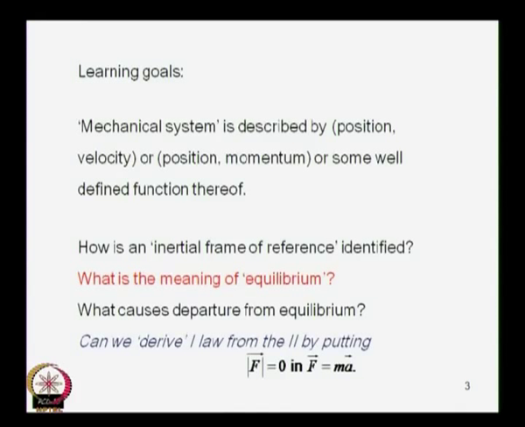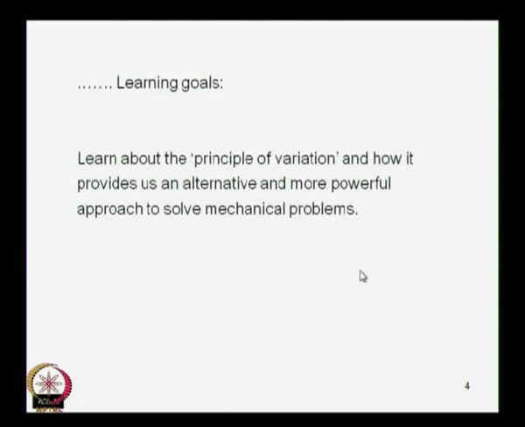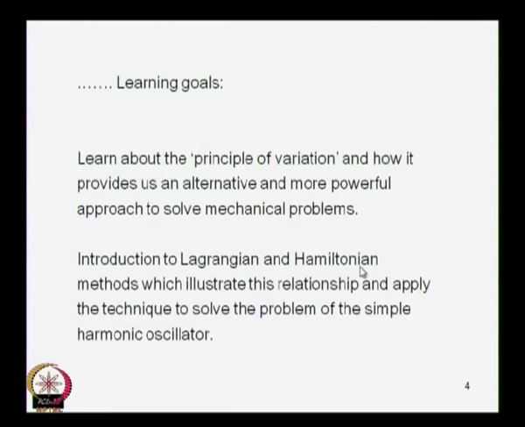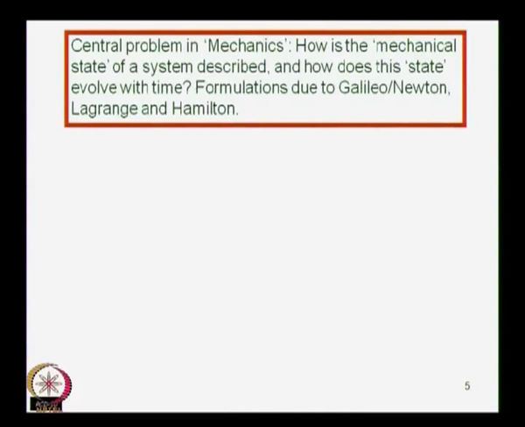We will discuss this issue if the first law can be derived from the second law by simply putting a zero force in this equation, which is often regarded as the statement of the second law. And only the introduction to Lagrangian and Hamiltonian formulation with some simple applications.